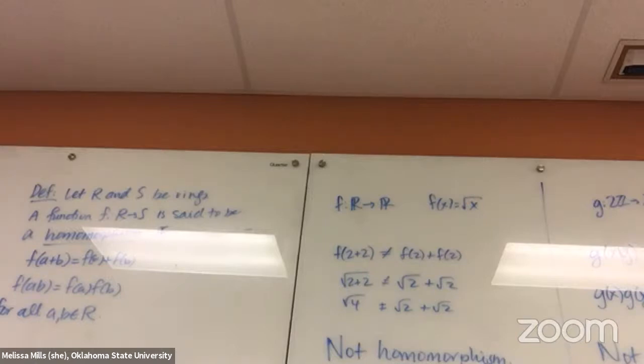Okay, and so if I take k of x plus y mod 12, that's going to be x mod 4 plus y mod 4. Well, x mod 4 is equal to a mod 4, and y mod 4 is equal to b mod 4.